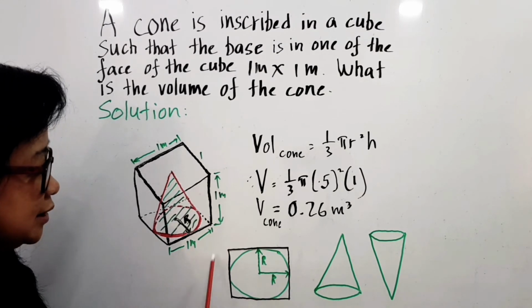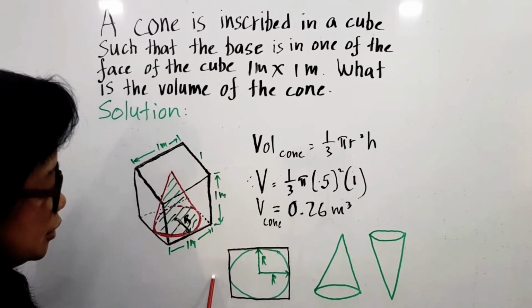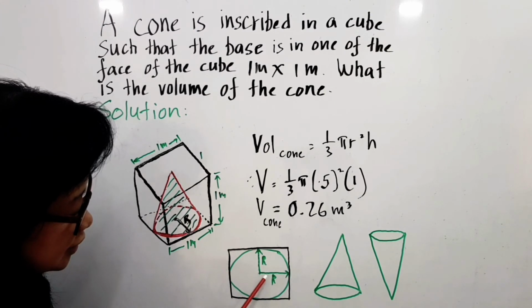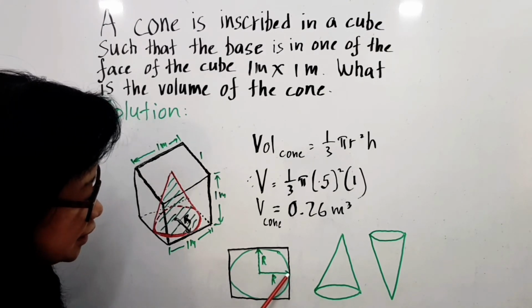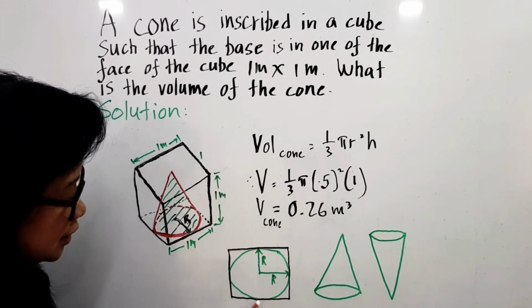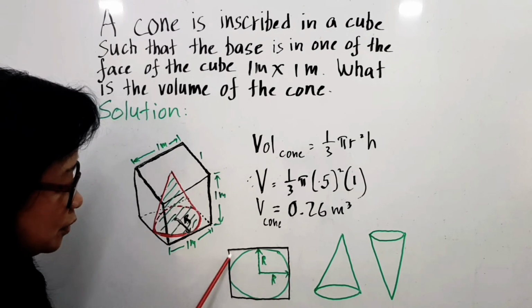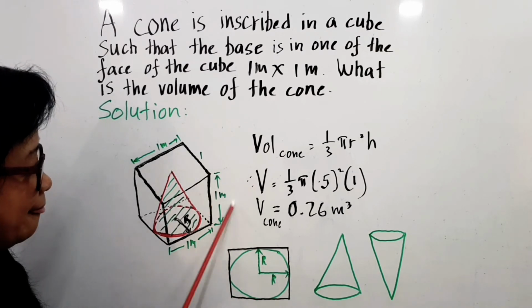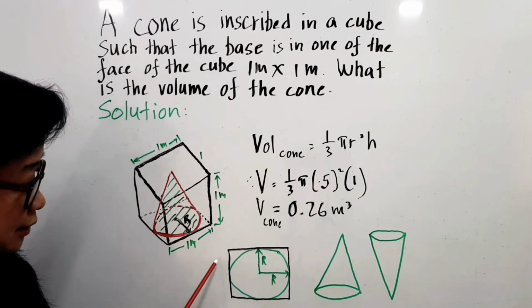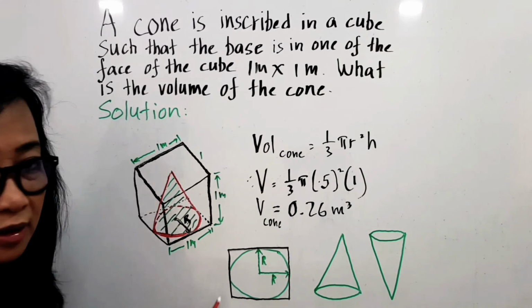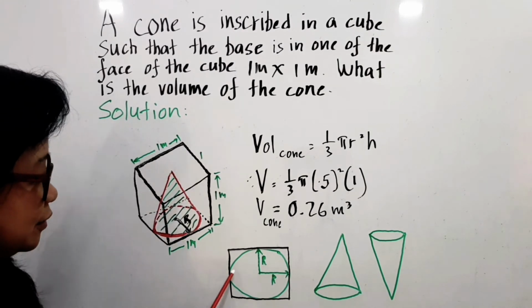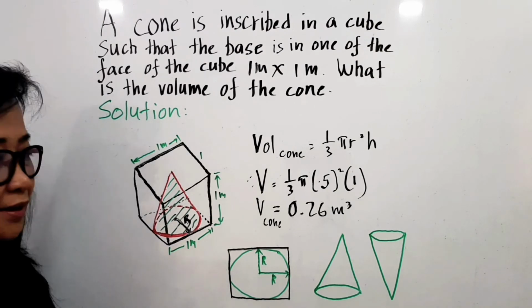So, 1 meter and 1 meter din to. So, ang sentro nito, kasi naka-inscribe nga, that means dikit na dikit talaga yung circle dito in one point, dito rin, at dito rin. So, ang R niya, of course, will be equal to half of the side of the square, which is equal to 1 meter. So, half of it is equal to 0.5 meter.